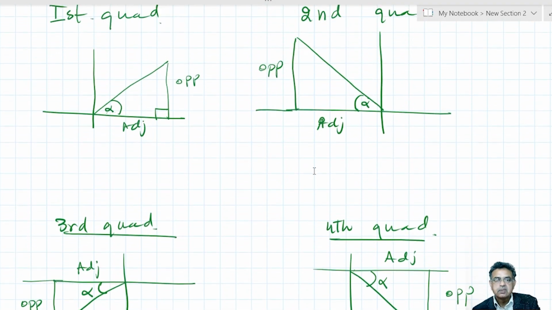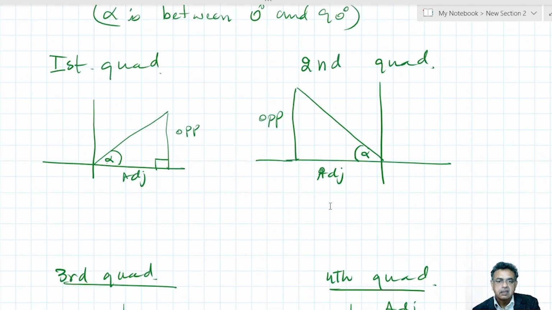One thing, have you noticed that all these basic right angle triangles we have formed are with the x-axis? Not here. We have not considered a triangle here.